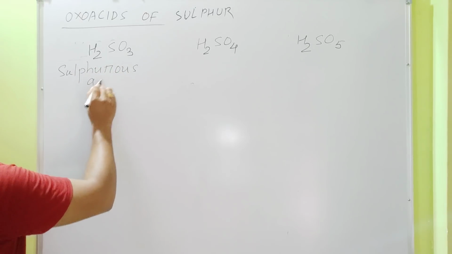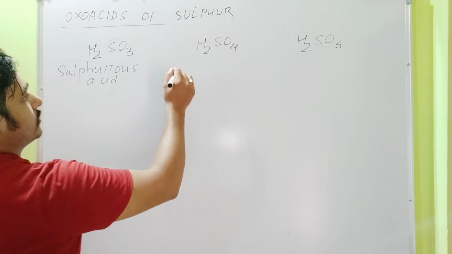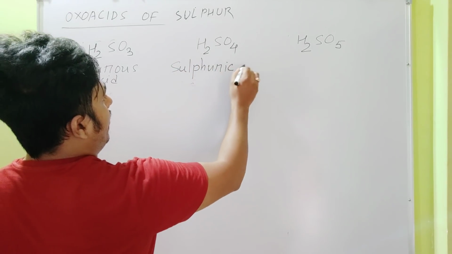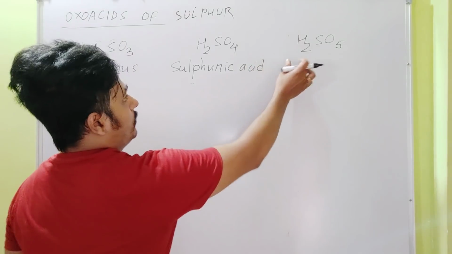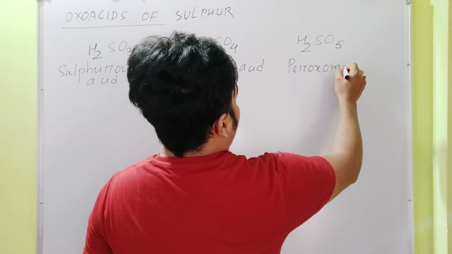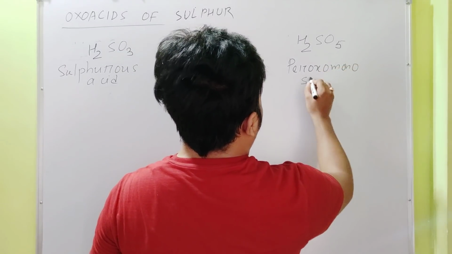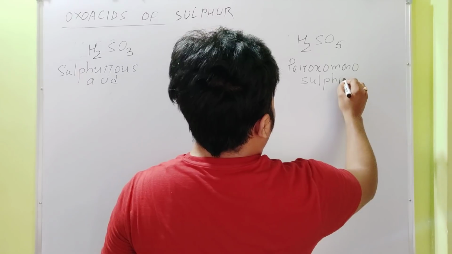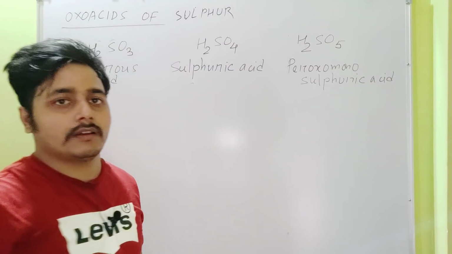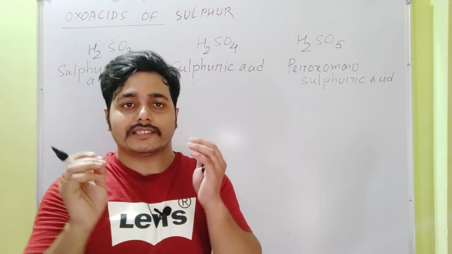The name of this compound is sulfuric acid. The name of this compound is peroxomonosulfuric acid. Okay. Now I discuss their structures.